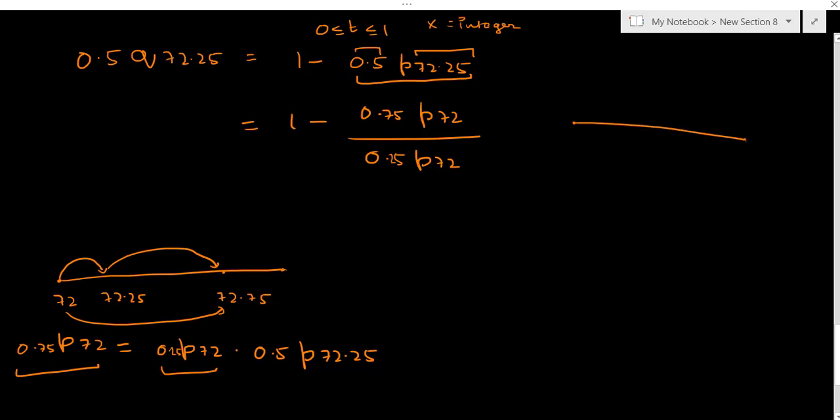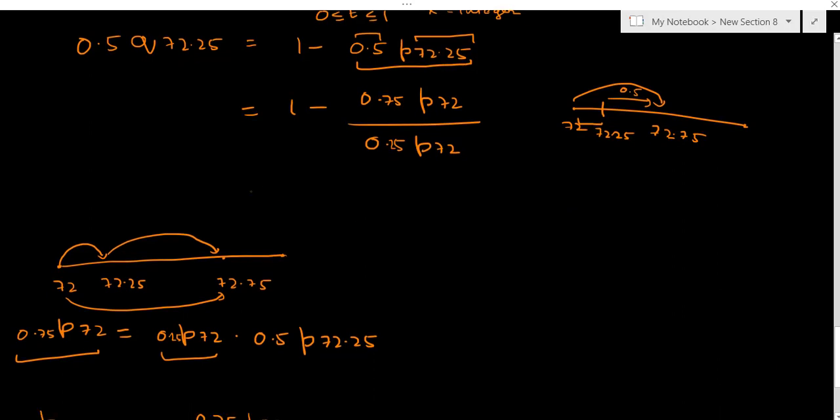I've taken this entire path from 72 to 72.75, and by dividing, I've removed the portion till 72.25. So I'm just left with going from 72.25 to 72.75. So this is just a path of 0.5 that's left. This is the adjustment that we follow here, and now I can apply the CFM assumption.